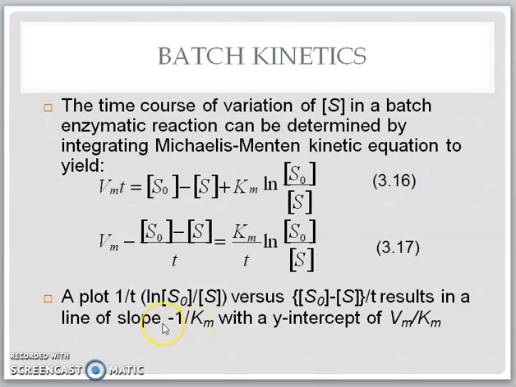The slope will be negative, because the graph is a negative linear graph. And if you already have the value of Km, then by using the value of the intercept, you may be able to find the value of Vm.